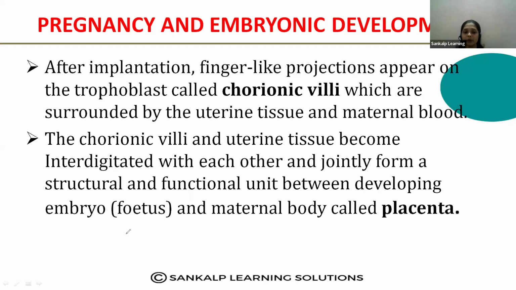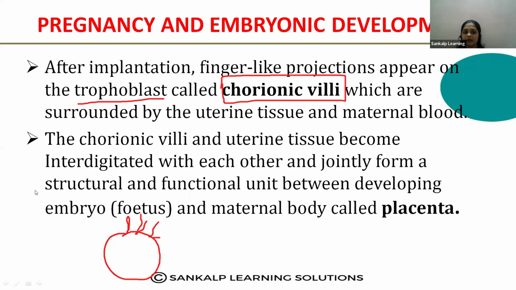Just imagine this is the trophoblast layer, and there is a formation of finger-like structures outside the trophoblast layer that are called chorionic villi. What are chorionic villi? It can be a 1 mark question or a 2 mark question. After the implantation, finger-like projections appear on the trophoblast layer of the blastocyst. That is called chorionic villi.